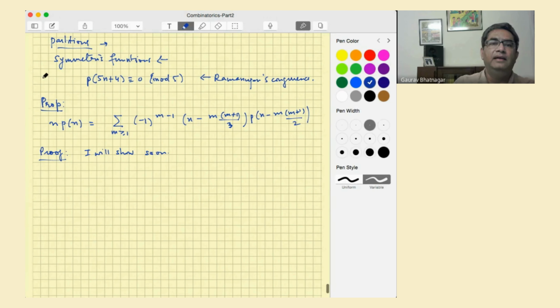And then this is the theorem which we want to target.